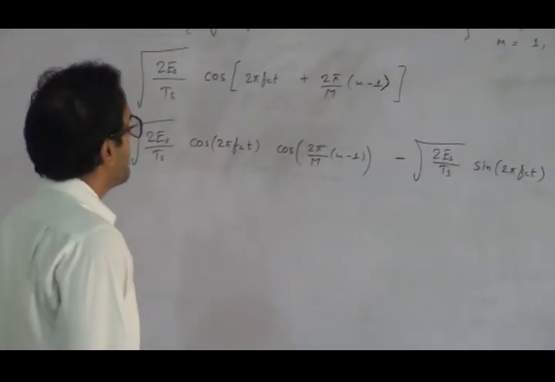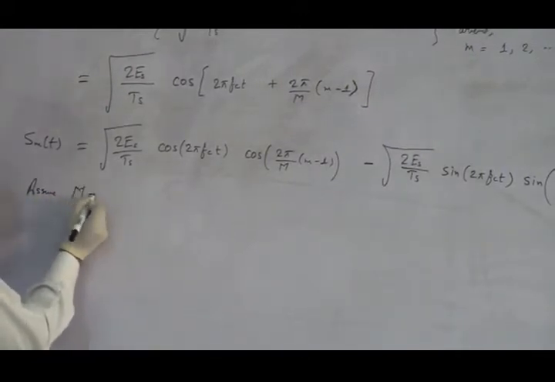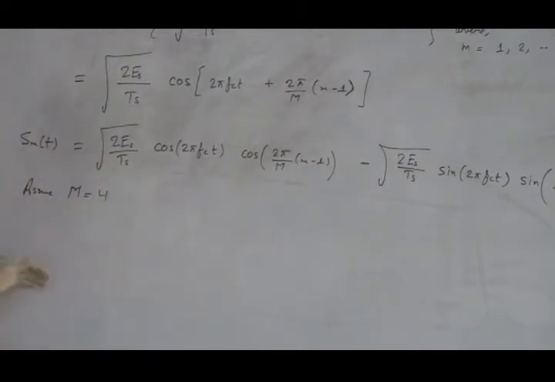Right, so now assume a scenario in which you have capital M equivalent to 4 signals. You substitute small m equivalent to 1 till 4 in this generalized expression, and you will end up getting 4 different signals, right?